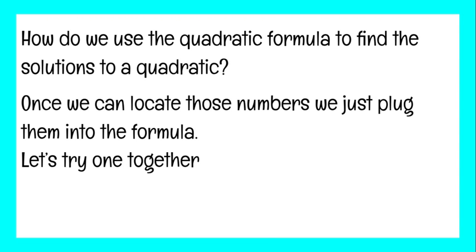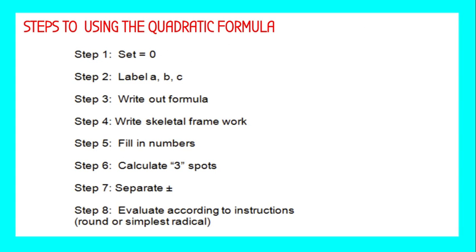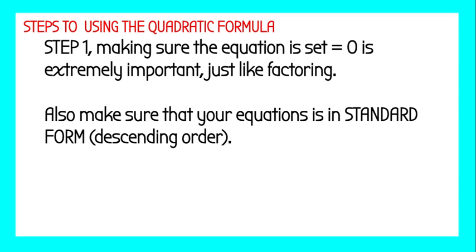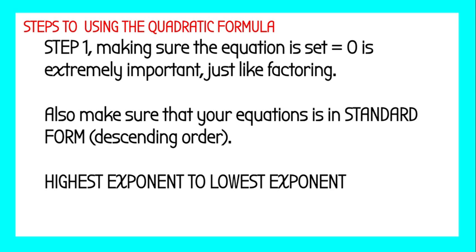We're going to try one together, but before we do that, I really want to explore one thing. Those are the steps that we're going to follow. But the first one, setting equal to 0, is an extremely important skill, just like when we were factoring. So I want to make sure you guys have it in the right spot. You also want to make sure your equation's in standard form, which means descending order, which means highest exponent to lowest exponent.